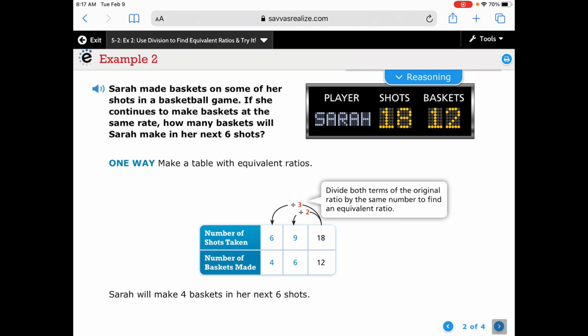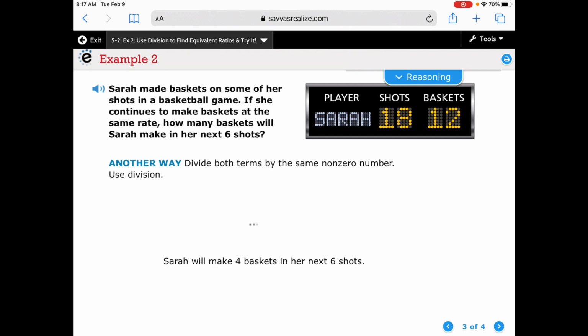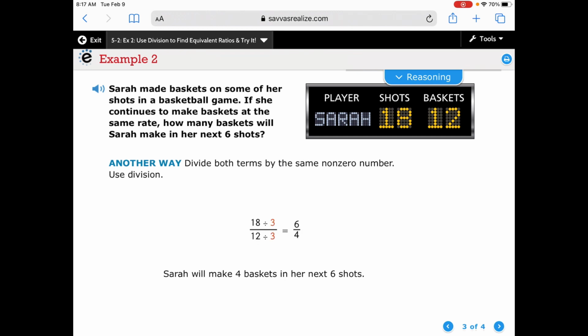So we're just dividing by 2, dividing by 3. We're going backwards, reducing it down like a fraction, except with this you will not have mixed numbers because they're technically ratios. So in the next 6 shots, she'll make 4 baskets. So we can say that her success rate is 4 to 6.